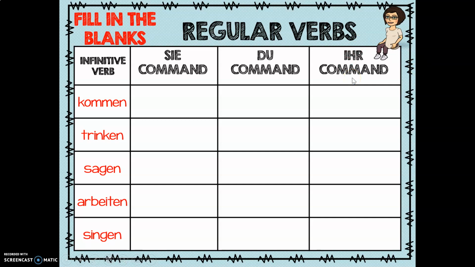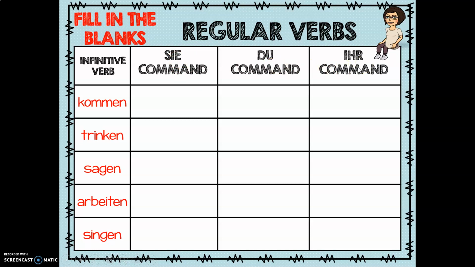And the ihr command is a command you would give to more than one person, a plural command. Like, hey, you guys, go sit down. I'm telling both of you to go sit down. So, the 3 ways to do commands match up with the 3 ways to say you. There's you formal, you informal, and you plural.